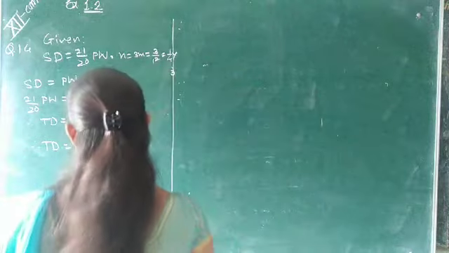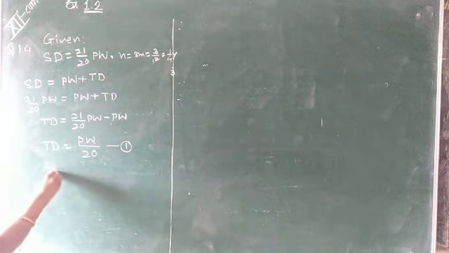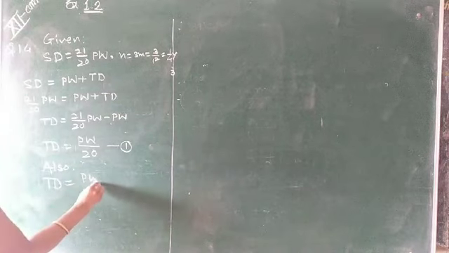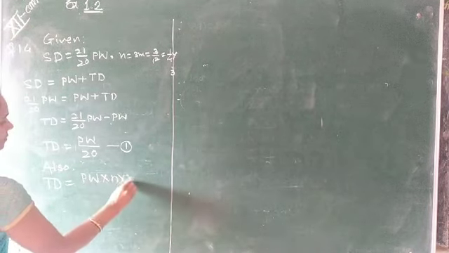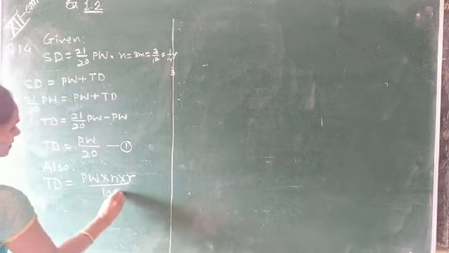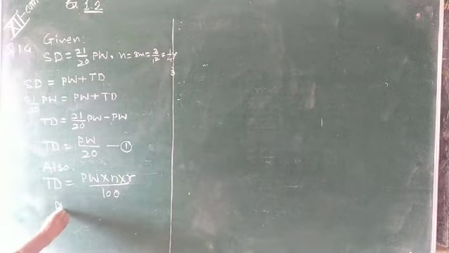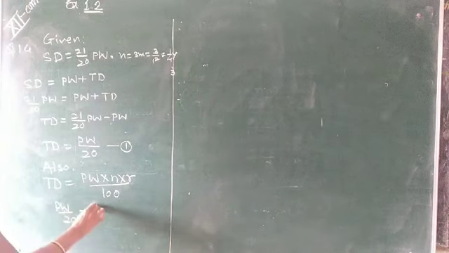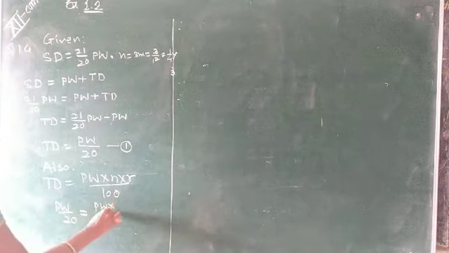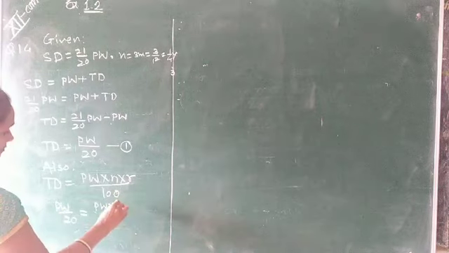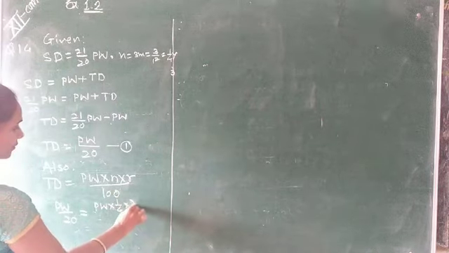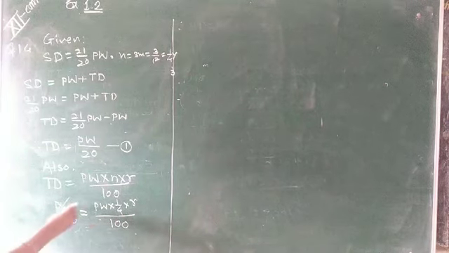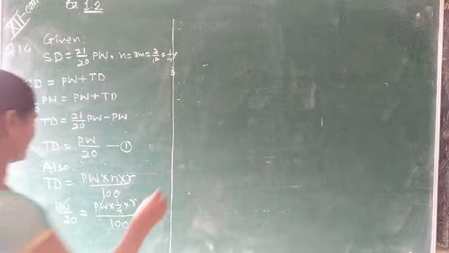Now also TD is equal to PW into N into R divided by 100. What is value of TD? PW upon 20 is equal to, write this PW as it is, into N is 1 upon 4, into R, which we are going to find, divided by 100. Now see here, PW will get cancelled from both the sides.